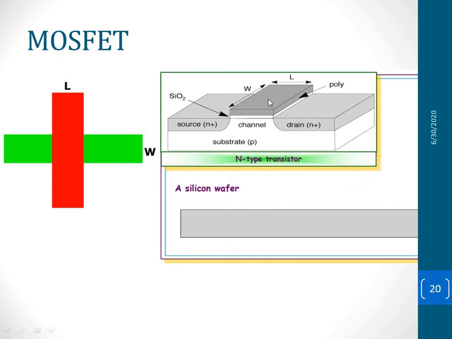You can see here the polysilicon, and this is nothing but the active region, which is the N plus. So this region now forms the channel. So that means the channel is formed here. Okay. So this is the length of the MOSFET, and this one is the width of the MOSFET. You can see here. So this is the width and this is the length of the MOSFET.